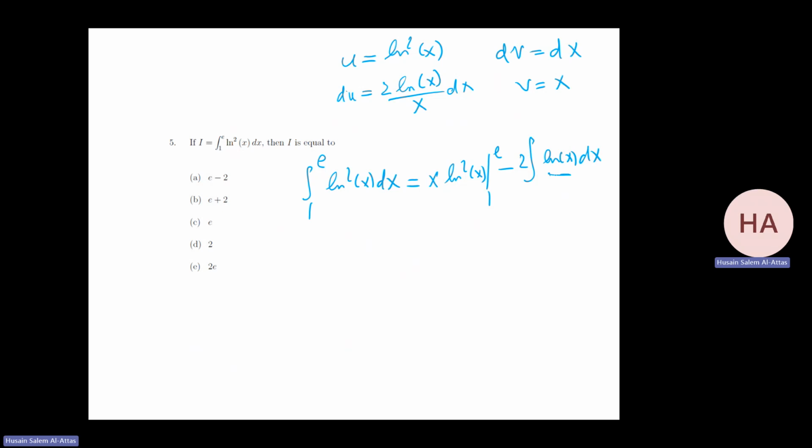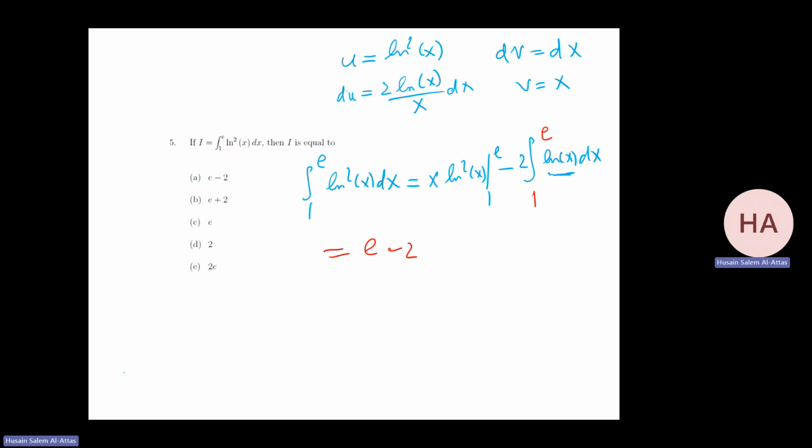Now I need to do by parts again. I have e, ln e is 1, so I have e, ln 1 is 0 and gone, minus 2 times the integral from 1 to e of ln x.